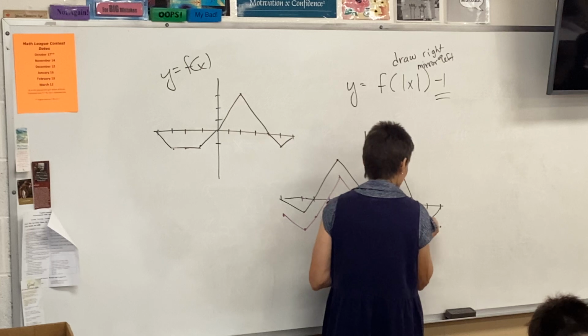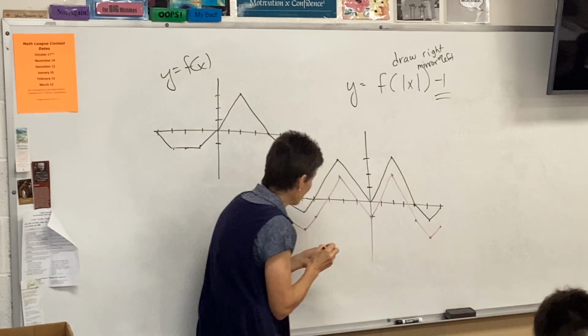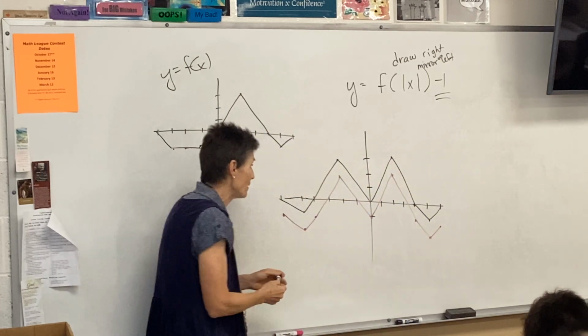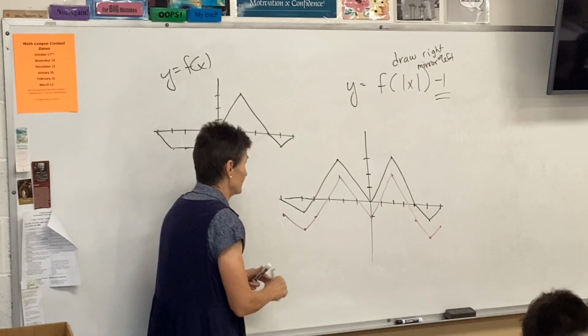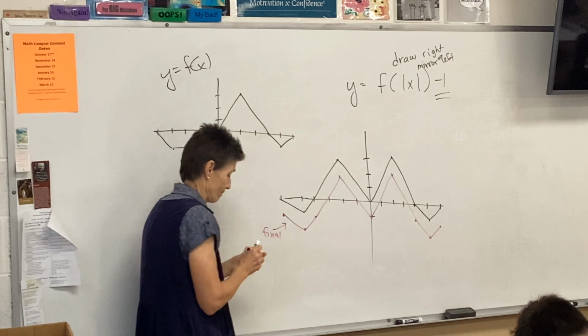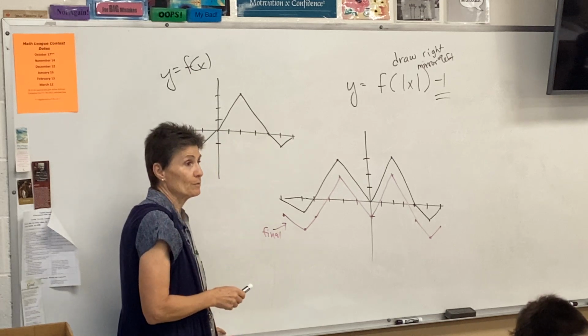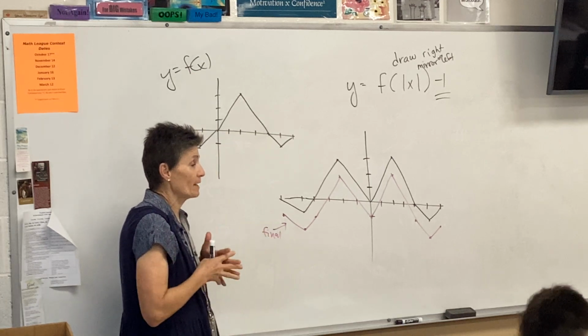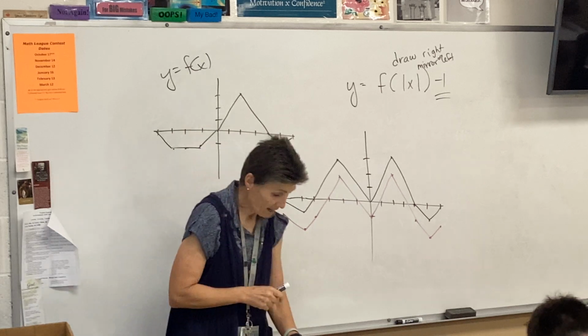So the pink, I'm not even gonna erase the black this time, but the pink is the final answer. Okay, so we drew right, mirrored around the left, that's the absolute value part, and then we dropped it down 1.